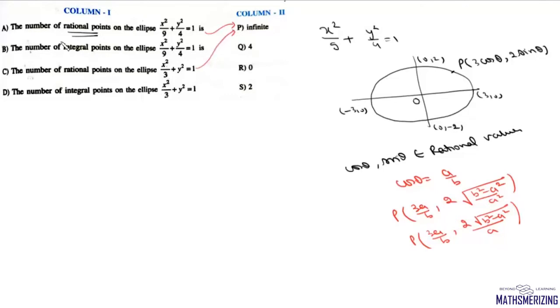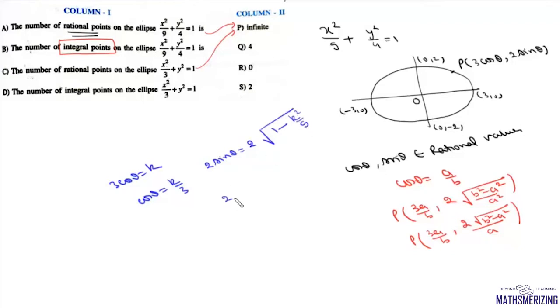Now the next question is, we need to find the number of integral points on this ellipse. So for an integral point, let us say 3 cos theta is k, then we can simply write cos theta as k by 3 and then we can write 2 sin theta as 2 times under root of 1 minus cos square theta, which is 1 minus k square by 9.